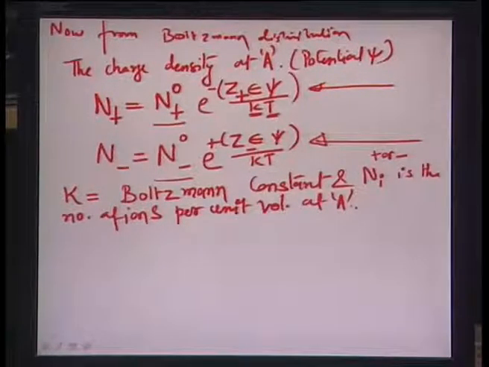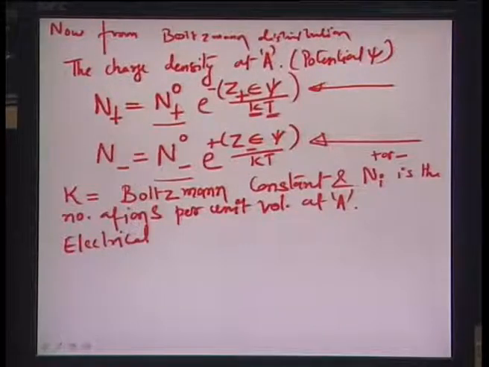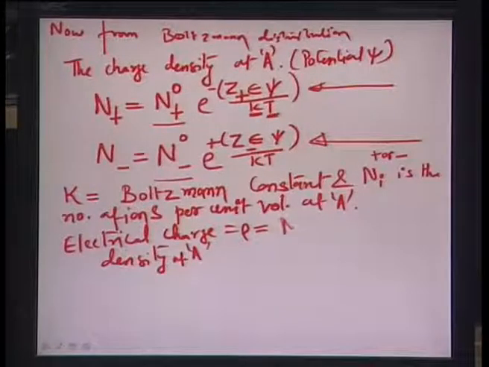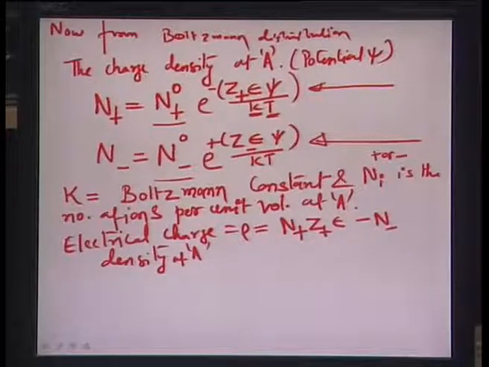So, really the electrical density at A can be represented as n plus z plus epsilon, minus n minus z minus epsilon.